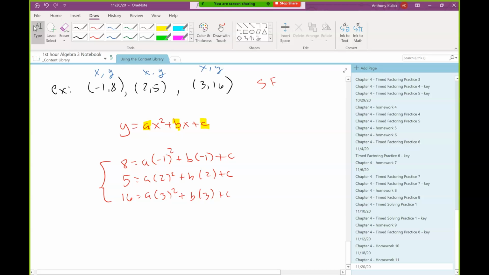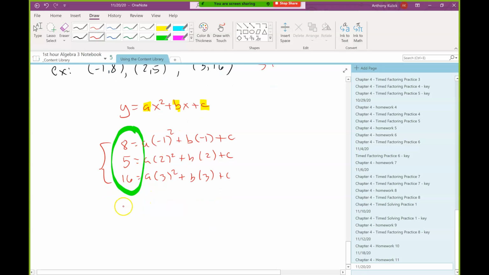Now we can simplify this down a little bit before we start trying to solve this. So usually when we write our systems, the equal sign is on the right side instead of the left side. You guys agree with that? And then we have all these things that are being squared that we could simplify. So -1 squared is just 1. And then -1 times b is -1b.